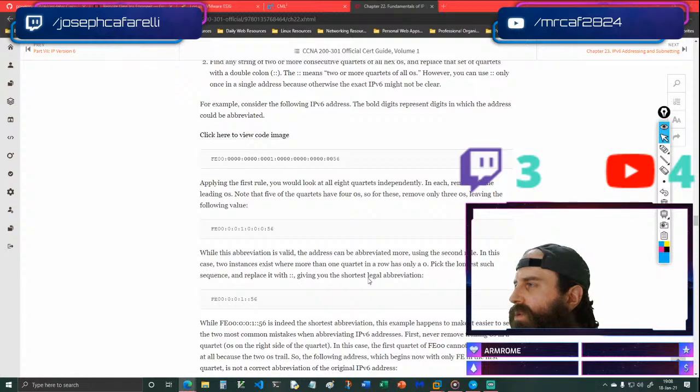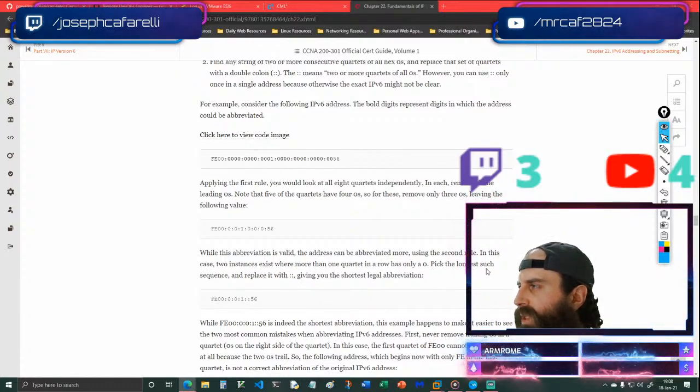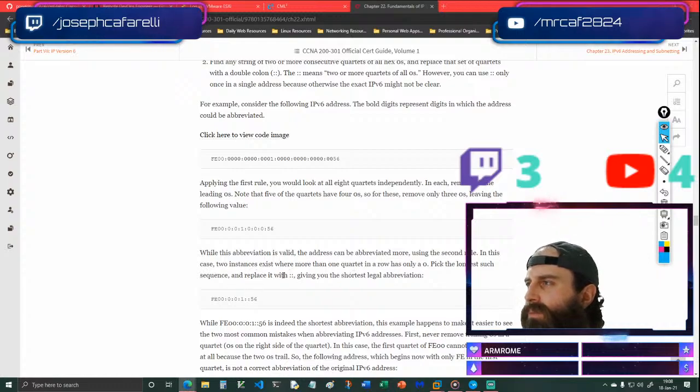Using the second rule, in which case 2 instances exist where more than one quartet in a row has only a 0, pick the longest such sequence and replace it with the double colon, giving you an even shorter legal abbreviation. So where did they do that?